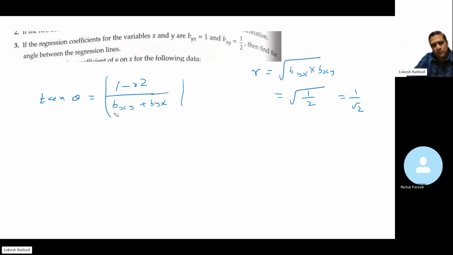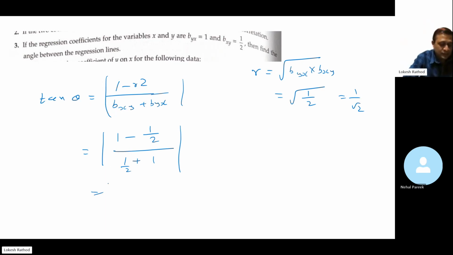So you put this into the formula. What do you get? 1 minus 1 over 2, r square is that over bxy plus byx, that is 1 plus 1 over 2. Half plus 1, whatever, same thing. So what's the answer? tan theta is?